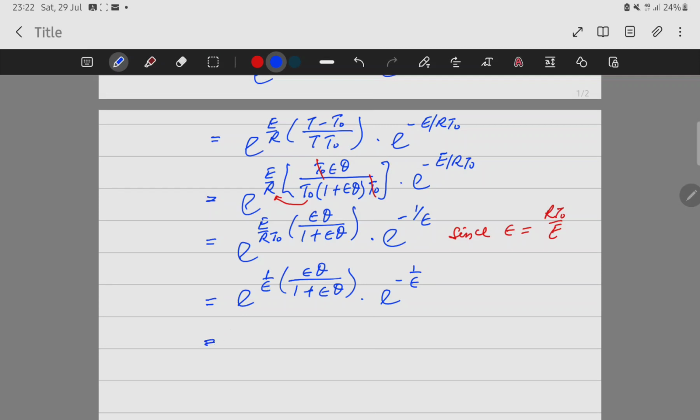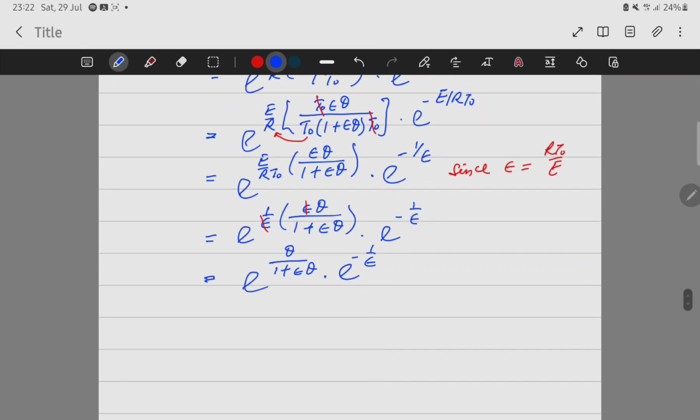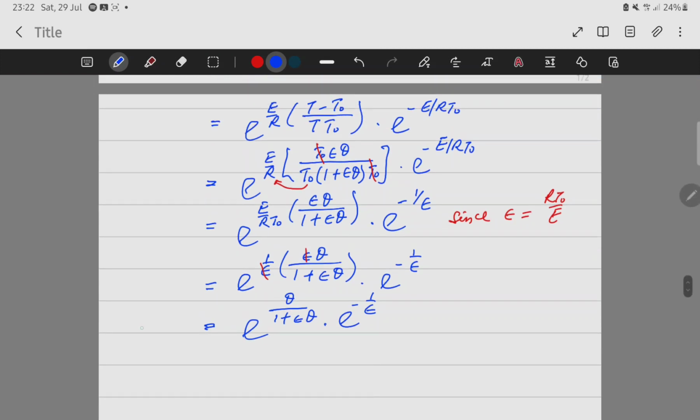This epsilon will cancel this one, so we are left with e raised to power theta over 1 plus epsilon theta, dot e raised to power minus 1 over epsilon. So that is the dimensionless equation for e raised to power minus E by RT.